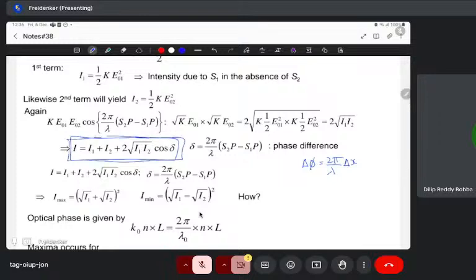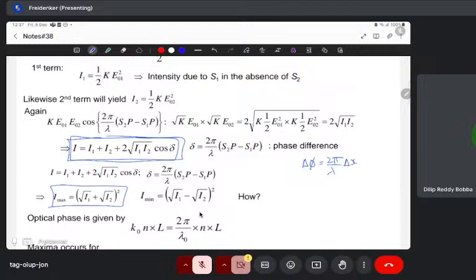So maximum intensity, how do you find it? If phase difference is an even multiple of pi, then you get maximum intensity. That would mean cos delta is how much? 1. So that would mean intensity at maxima will be this much.